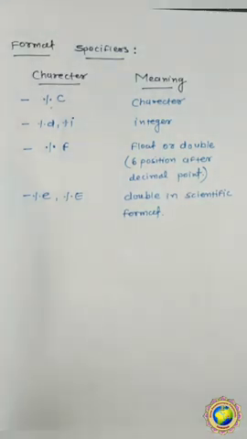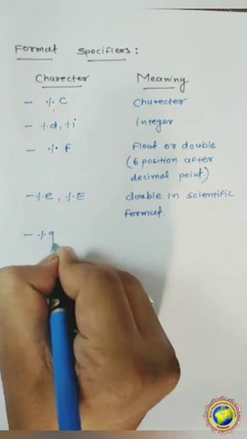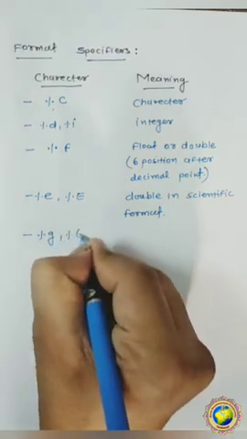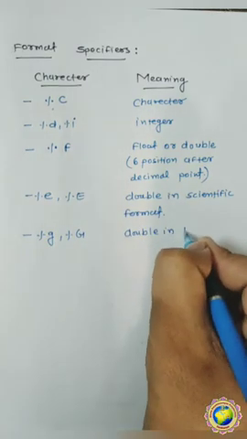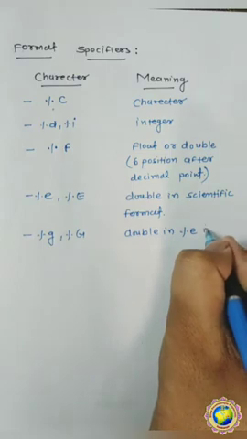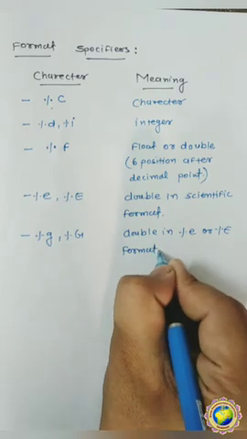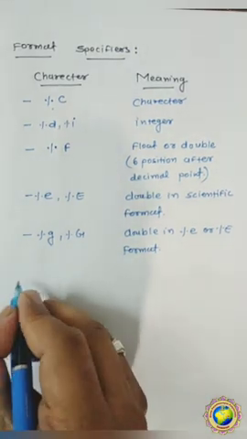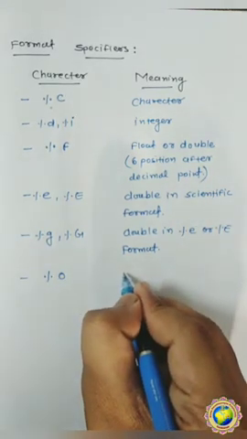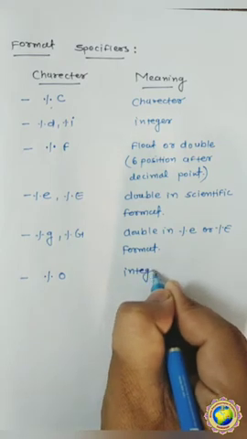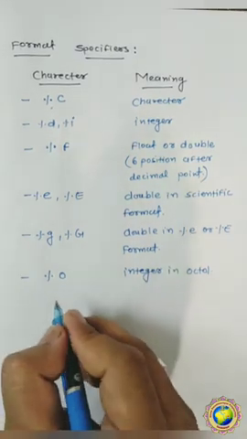Okay, then %g or %G is used for double in %e or %E format. Okay, then %o, which is used for an integer in octal number.